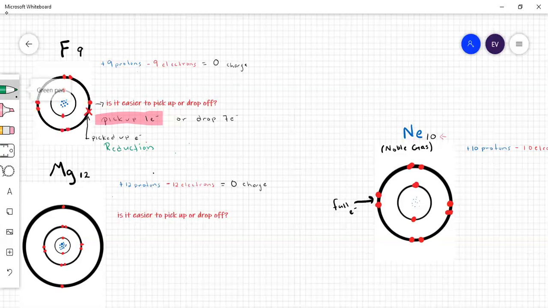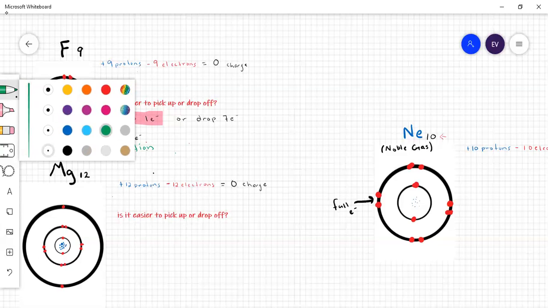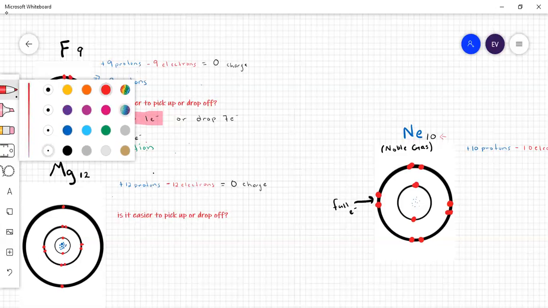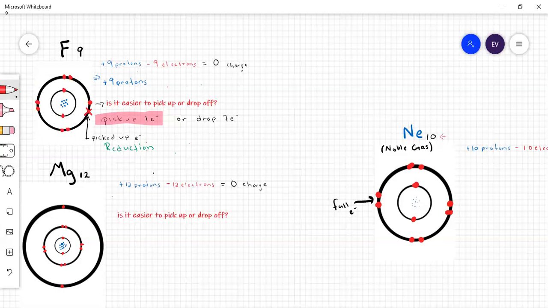Let's take a look at fluorine now that it's picked up this extra electron. What happens? Well, fluorine still has 9 protons. We can't change the number of protons because if we change the number of protons, we change the element. So it has 9 protons. But now, instead of having 9 electrons, it actually has 10 electrons, because it picked up that extra one. Let me show you.